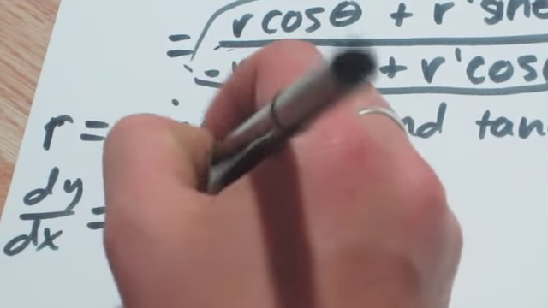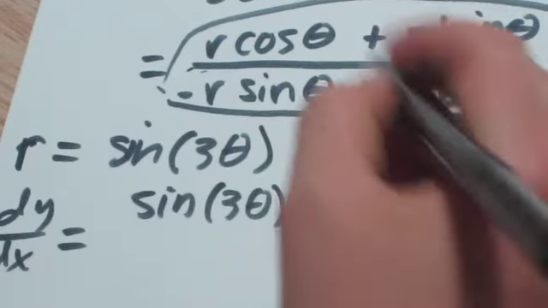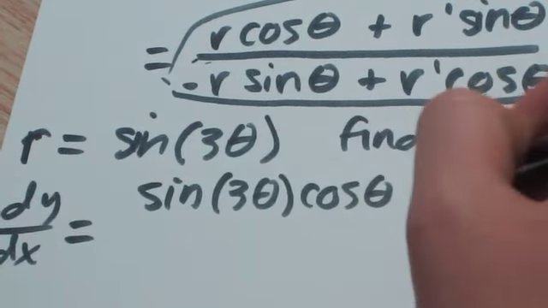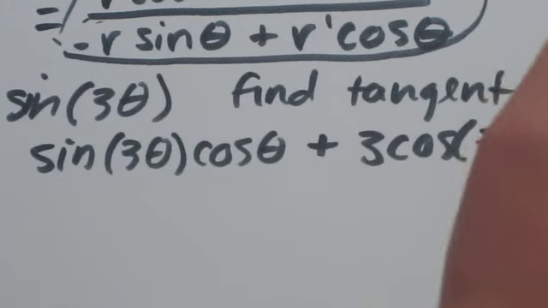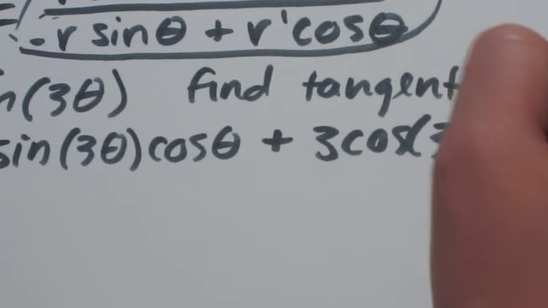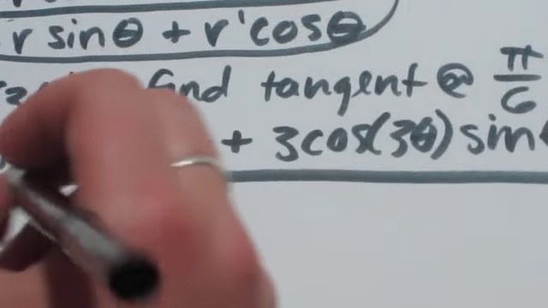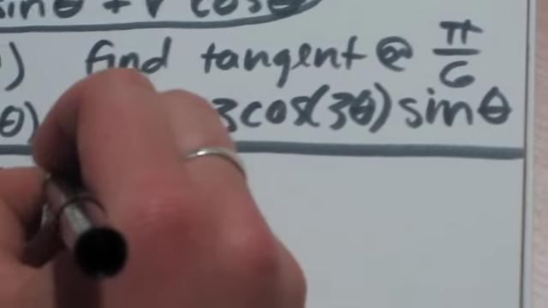So sine 3 theta cos theta, and then r prime is just going to be 3 times cosine 3 theta times sine theta, all over negative r sine theta.